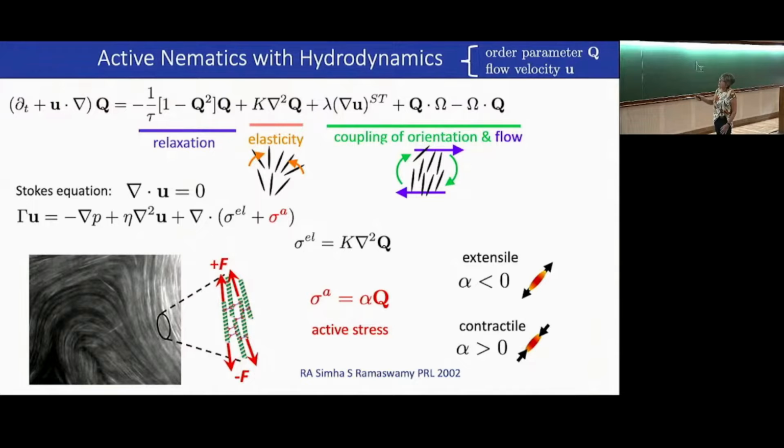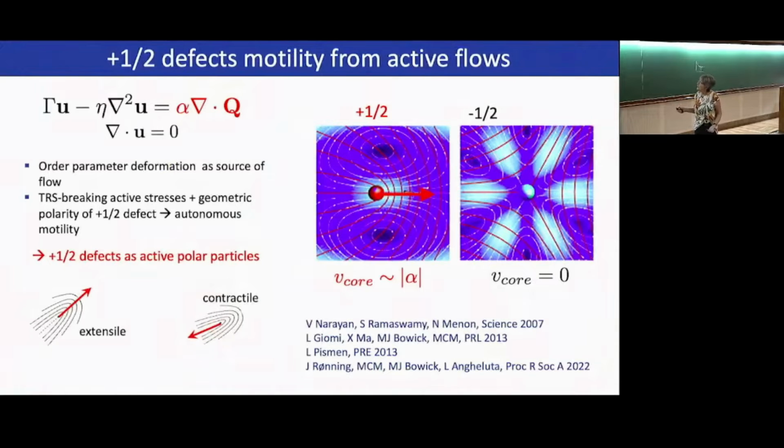So, these hydrodynamic equations do reproduce a lot of the dynamics quantitatively that is observed in active nematic liquid crystals. In particular, you can actually understand quite simply the origin for the motility of the +1/2 defect. The active stress acts like a source for flow. So you can actually put in the texture corresponding to either a +1/2 or a -1/2 defect and calculate the flow that that defect will generate.